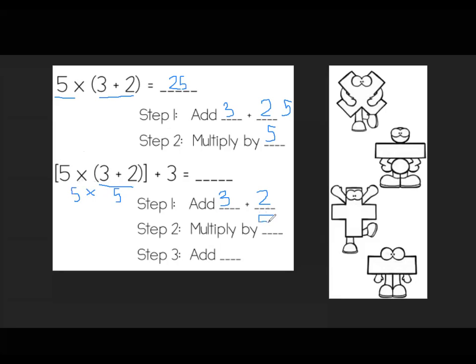So we have to multiply by 5. And 5 times 5 equals 25. And then at the very end, we are going to add 3. And 25 plus 3 equals 28. So 28 would be the answer to this expression.